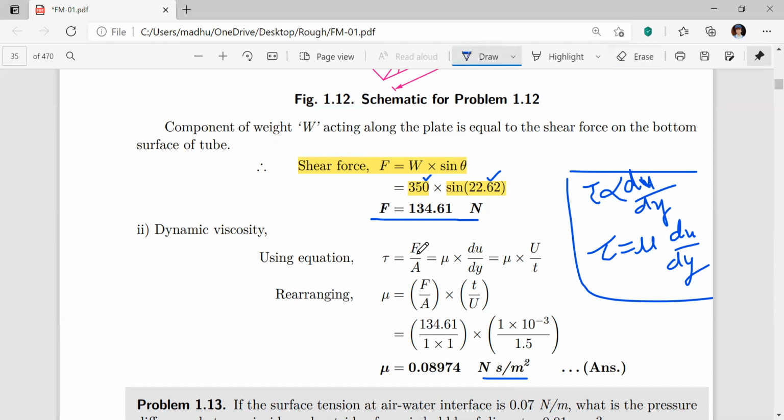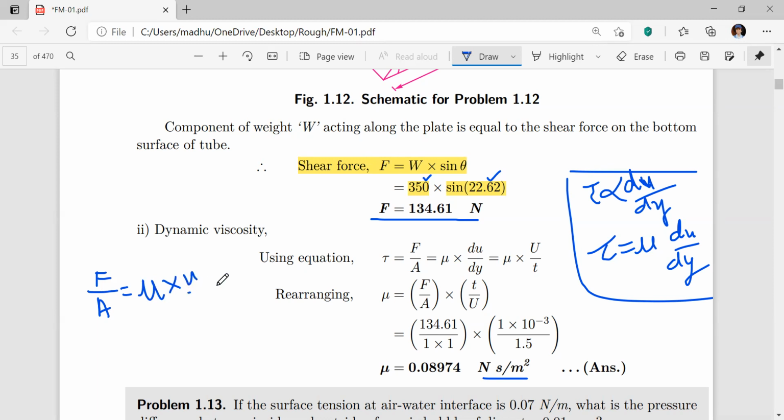How? Now I will consider, you see, F by A is equal to mu into u by t. So here I will write, look, F by A is equal to mu into u by t.